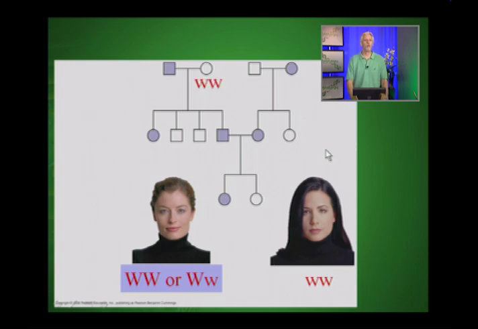So this individual is homozygous recessive, this one, and so on down the line. These are all homozygous recessive because they show the recessive phenotype. If they had only one recessive allele and one dominant allele, in other words, if they were heterozygous, the dominant allele would cover up and hide the recessive allele, and they would have a widow's peak. The size of the widow's peak has nothing to do with whether you're homozygous dominant or heterozygous. Either you have one or you don't.